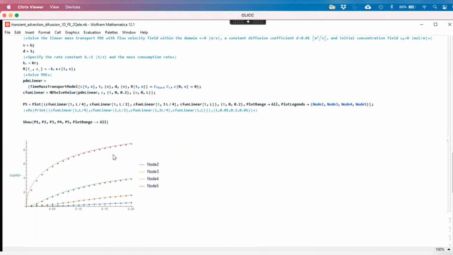As you can see, the solution, which is represented by the lines, has a good agreement with the finite element solution, which is represented by dots.